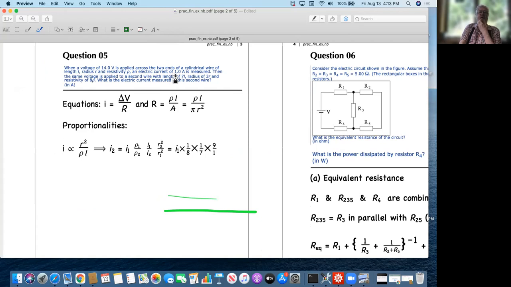And then there's a current of 1 amp. So you have this wire, and when you have a potential difference delta V, where let's say this is the high potential side and this is the low potential side, there'll be a current I in the wire.